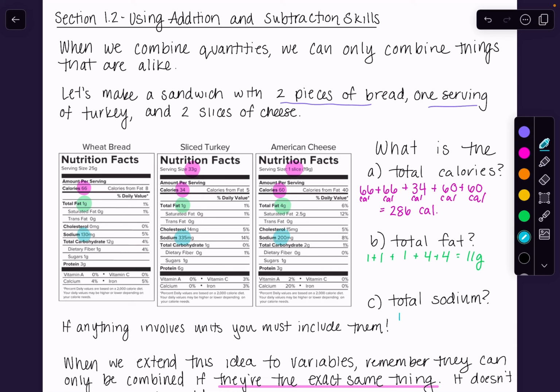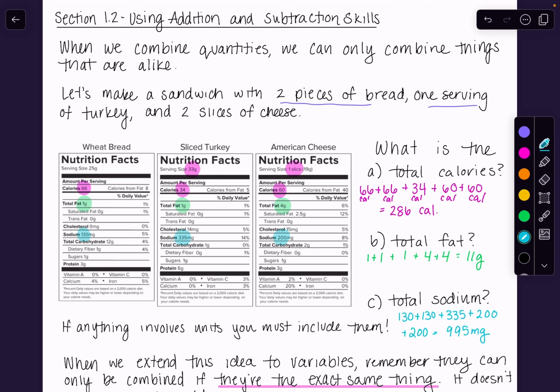So adding the 130 for each bread, the 335 for the turkey, and the 200 from each slice of cheese will give us a whopping total of 995 milligrams of sodium. Okay. So again, it makes sense to add all of these together to find these particular calorie content, fat content, sodium content.